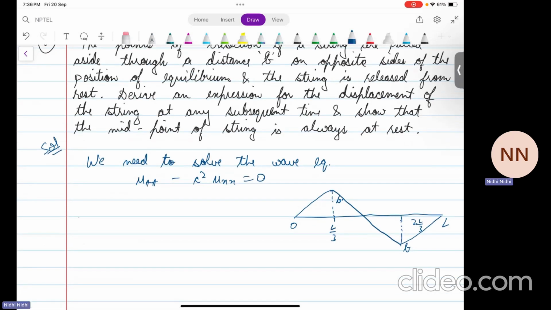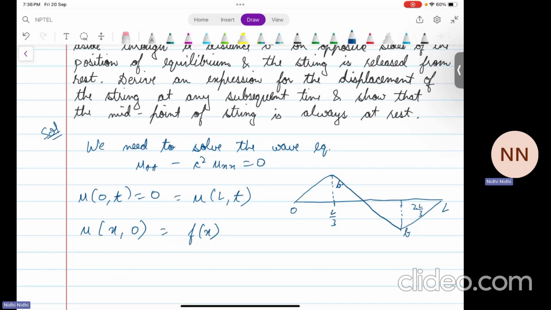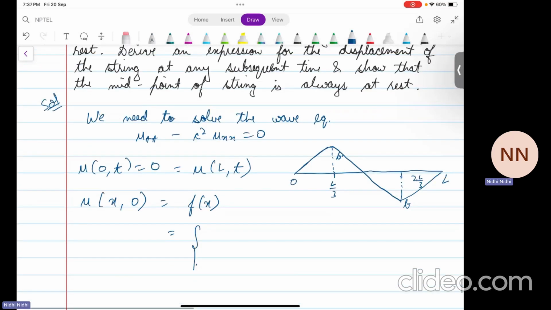So we have u at 0 comma t is equal to 0, which is equal to u at L comma t, because it is tied at both the ends. Then initially u at x comma 0, for time t equals 0, its displacement can be represented by some function f, where this f is just a piecewise function with some straight lines.